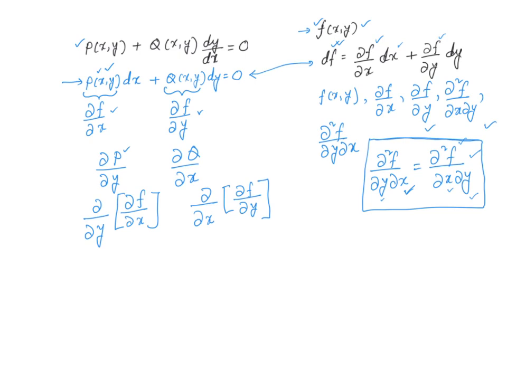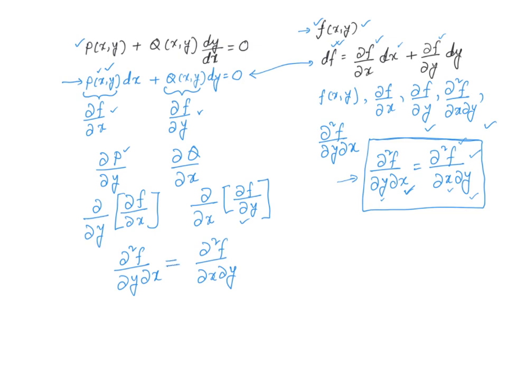Now, if you combine these two, what do you get? Del square f over del y del x, and from this one we get del square f over del x del y. Look, this is nothing but this, so these two must be equal.